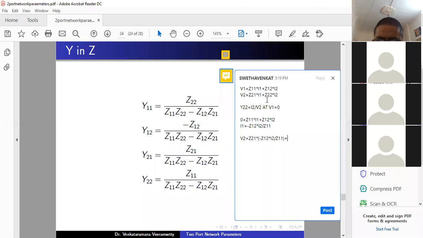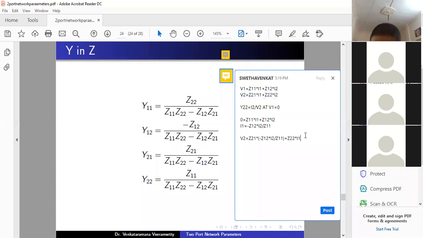Plus Z22 into I2. In the second equation, I'm trying to replace the I1 value by using this one. Now after replacing I1 value, I get this expression. And in this equation, take the I2 common.